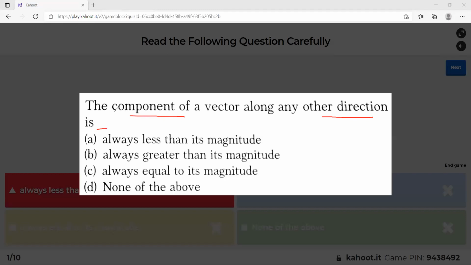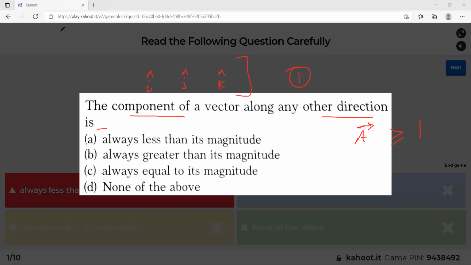So the component of a vector along any other direction. Component means we are talking about i cap, j cap, or k cap. Now their magnitude is 1, right? And any vector has magnitude definitely greater than or equal to 1.